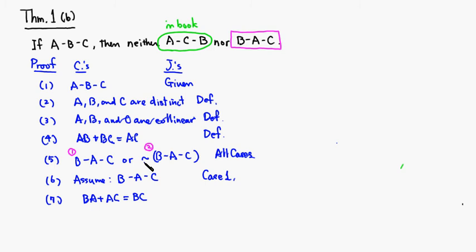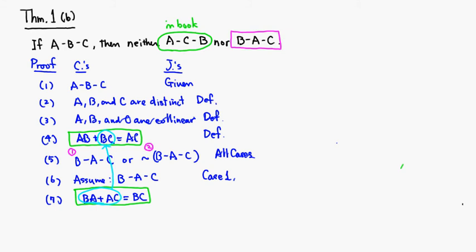So what we can do is some substitution. We have two equations that we need to pay attention to: the equation from line 4, and the equation here. BC is the same thing as BA plus AC, so maybe we can plug this into the first equation, since there's a BC there.